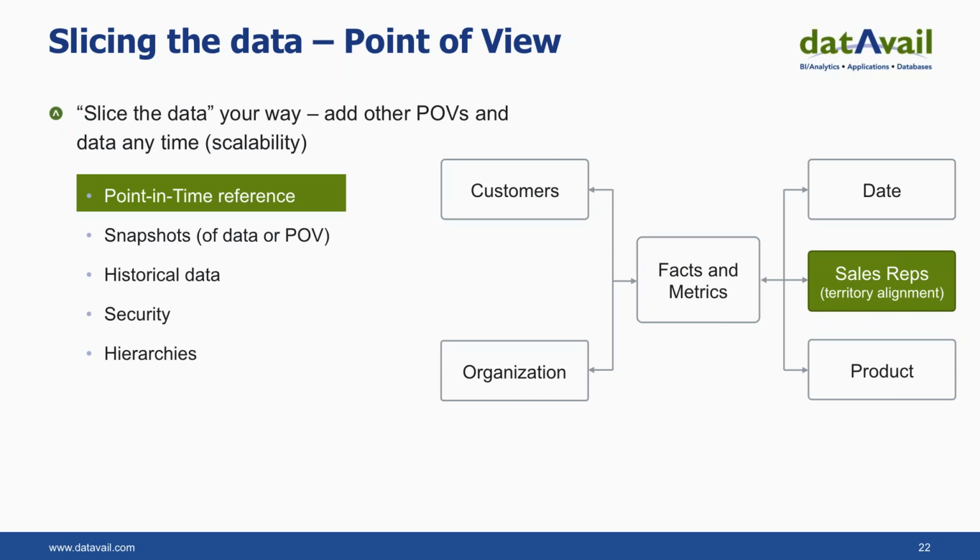And we can look at the data based on either when that rep had prior changed the territory or after they changed the territory, and we can look at performance that way. The same thing would go for any employee in the company from an HR perspective.